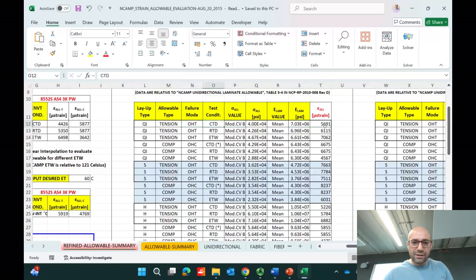Different allowable strains at different temperatures: cold, room temperature, elevated temperatures. So a lot of testing and a lot of coupons. We also tested what we call soft laminates. They're not too stiff; you can see angle plies are soft because the stiffness is not too much.